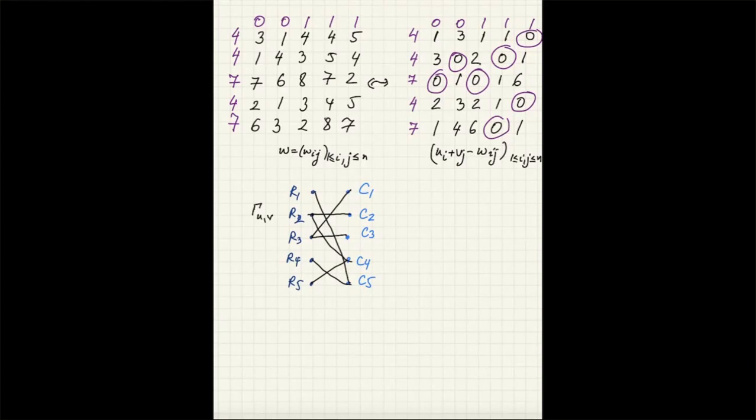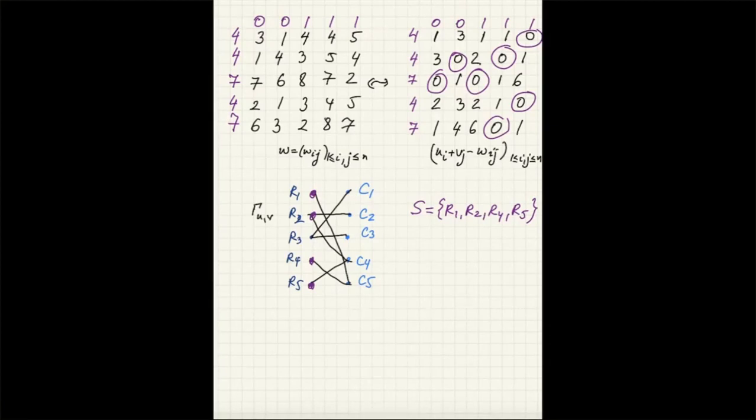So then you can pick a subset of rows, let's say R1, R2, R4, R5. You can look at it through the perspective of the matrix, or through the perspective of the graph here. And what are the neighbors of these vertices?